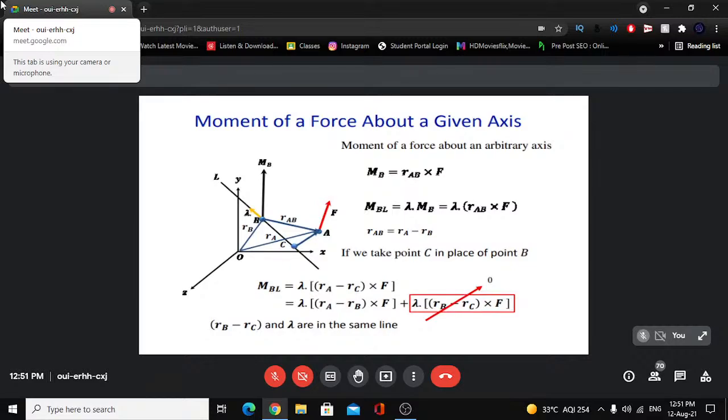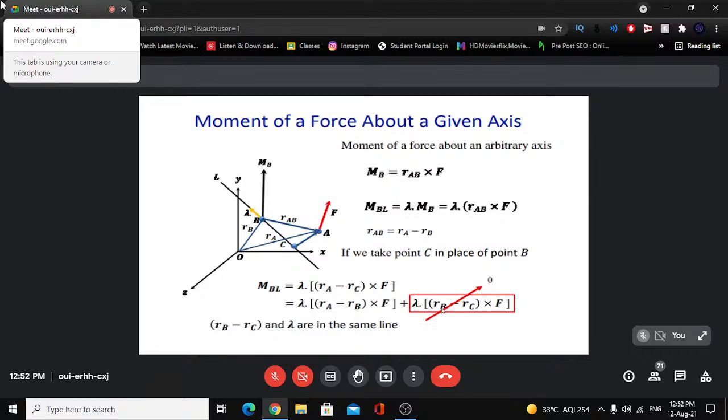Now this relation we can write in this fashion. As we have studied in Varignon's theorem, we can open the brackets of this cross product and we'll get the same result. So here we can write: lambda dot (RA minus RB) cross F plus lambda dot (RB minus RC) cross F. Now you see RB minus RC is this line BC, which is collinear with lambda.